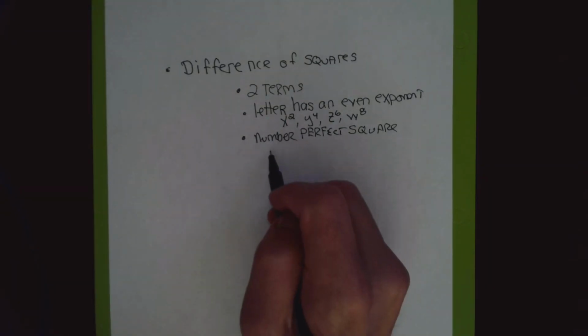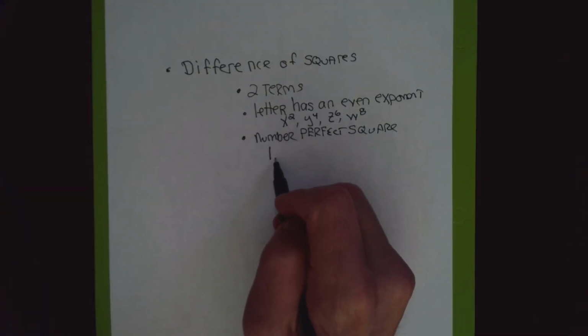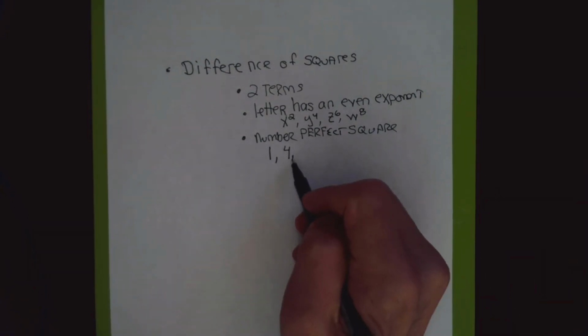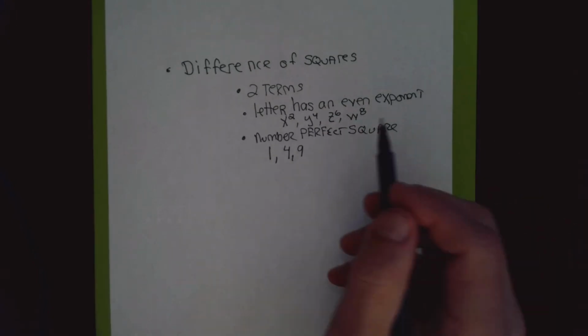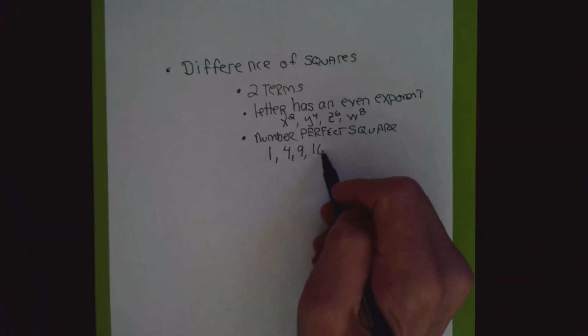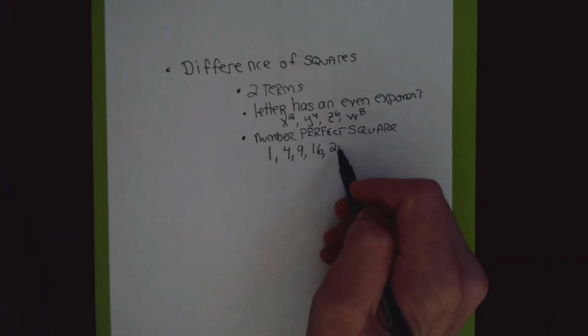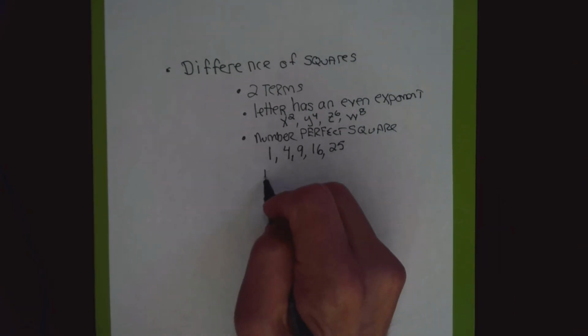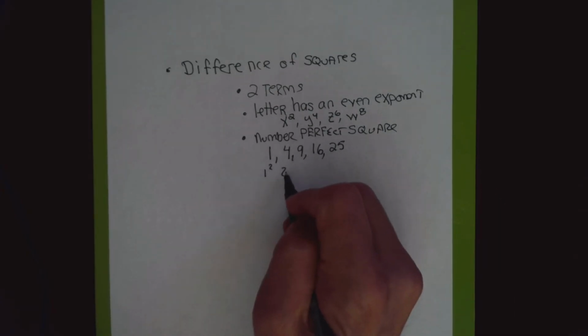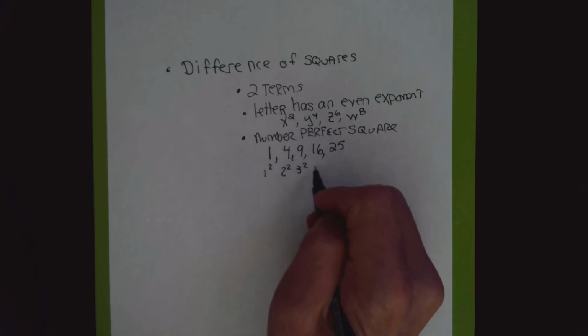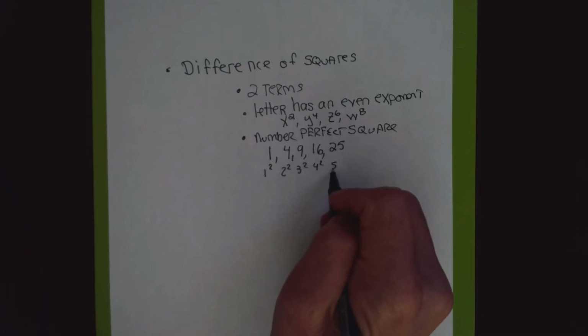The numbers I might see would be 1, which is 1 times 1, 4, which is 2 squared, 9, which is 3 squared, 16, which is 4 squared, 25, which is 5 squared. This is 1 squared, 2 squared, 3 squared, 4 squared, 5 squared.